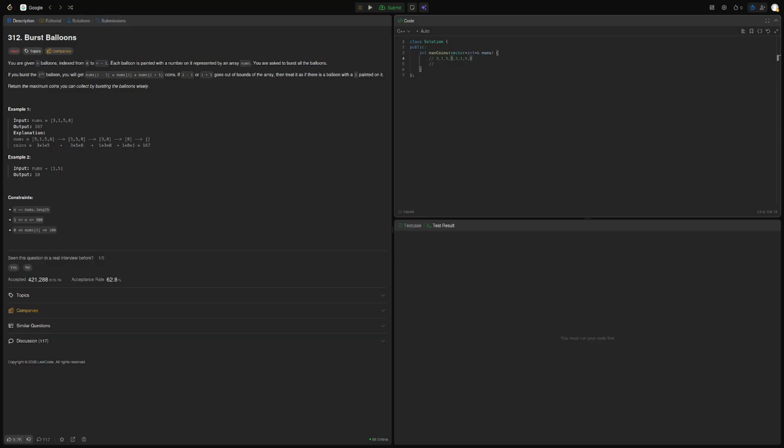Let's see, we can have this many subarrays, and then let's try to pop all.